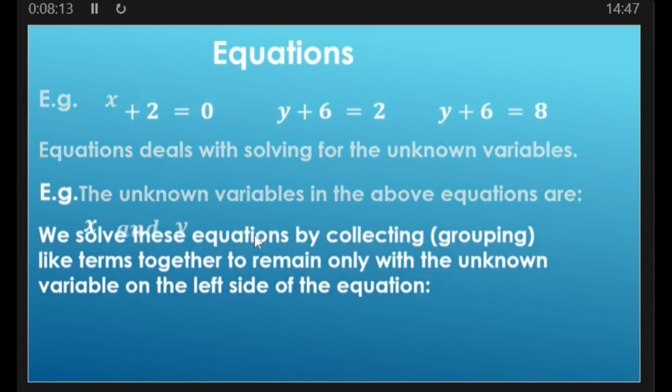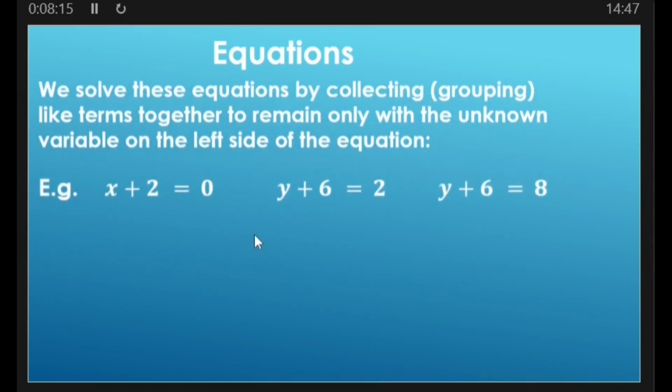All right, so for instance here, if we were to solve this one the way we solve in mathematics, we have to collect like terms together to ensure that on the left side of the equal sign we remain with only the unknown variable. So in this expression of ours here, we have the variable x and 2 and then 0.